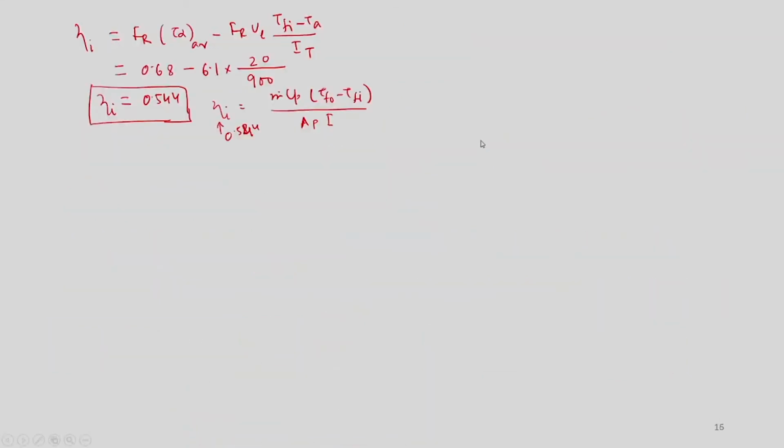So, this value is 0.015, and this TFI is given as 40 and I is 900. On substitution, what we can calculate is TFO, which is found to be 47.8 degree Celsius. So, this can also be calculated.